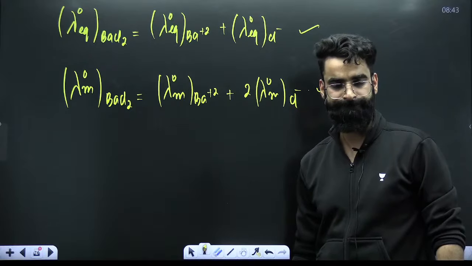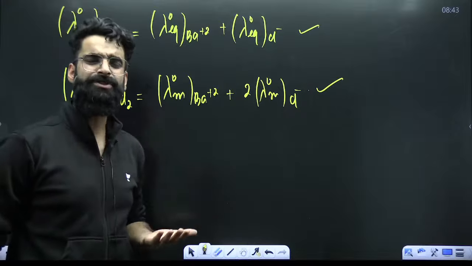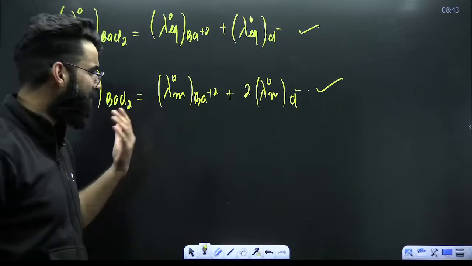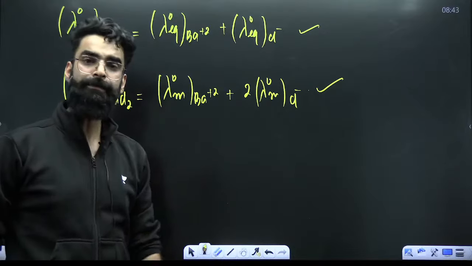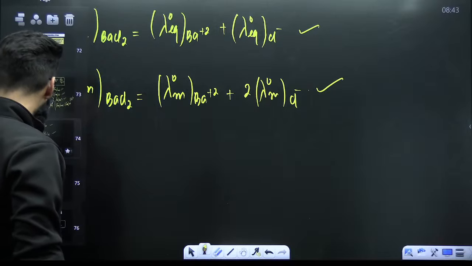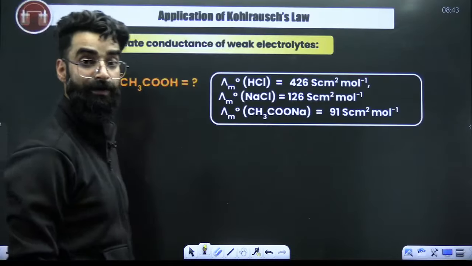Perfect. Now, let's get to know how this Kohlrausch law is used basically. Where do we use this Kohlrausch law? Number one, Kohlrausch law is used to calculate the limiting molar conductivity of a weak electrolyte.